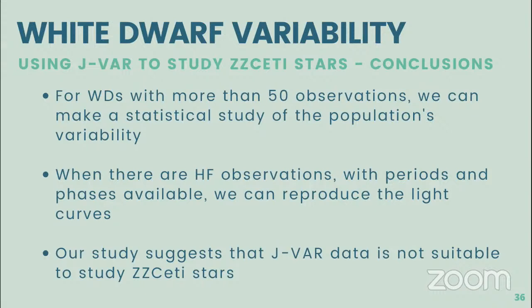So maybe there's another approach that can be taken. For example, we tried other estimators of the variability, like the MAD estimator, and we recovered the same results. So we saw no difference inside or outside the instability strip, but maybe there are other approaches on the topic that could work. Anyhow, the ones that we have tried haven't, so feel free if anyone wants to try.